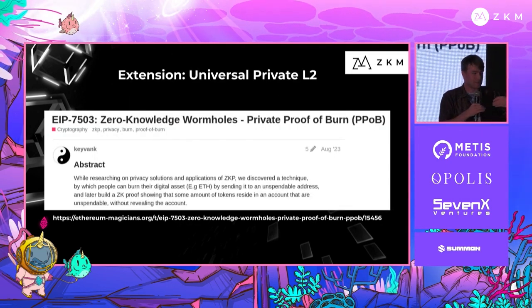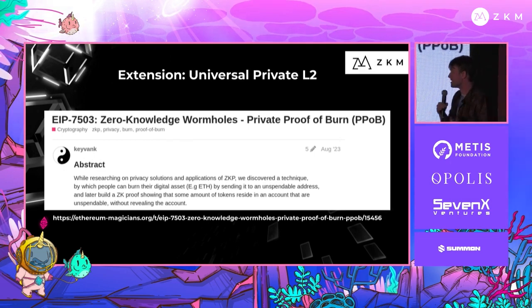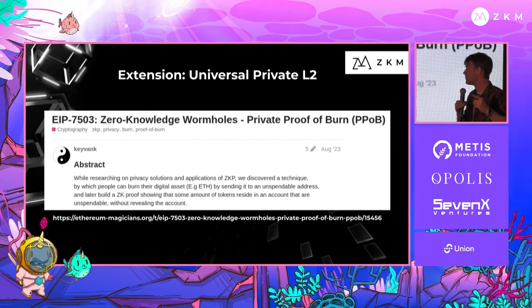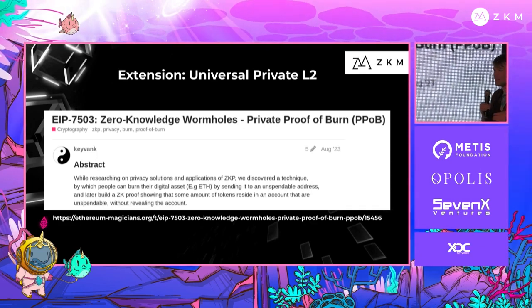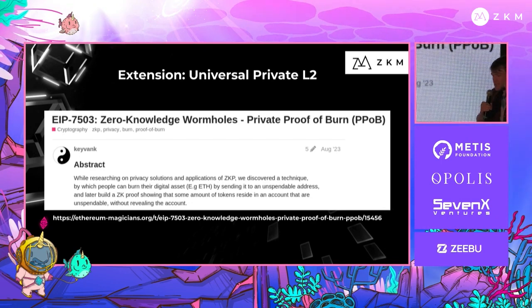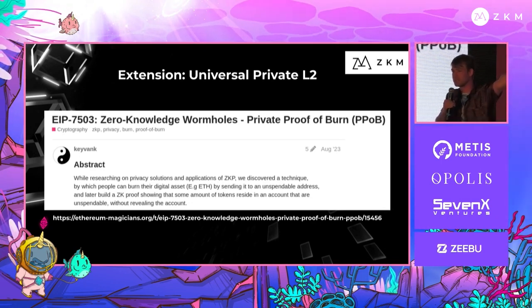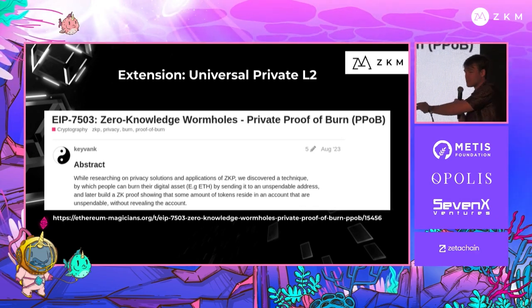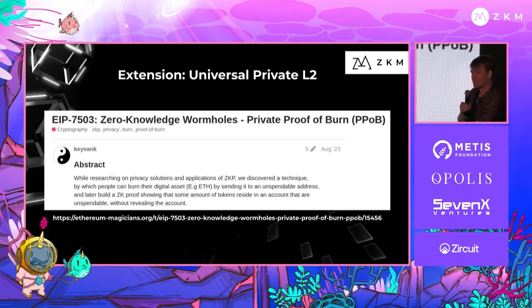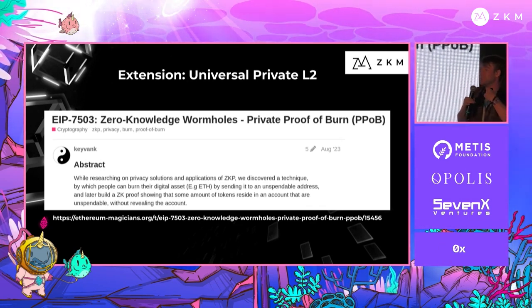We also have a potential extension to this, and this is actually the EIP that inspired this entire aspect of using proofs to verify that you've taken the asset out of circulation. This EIP essentially says that we can burn ETH on Ethereum and then privately mint it to another address.